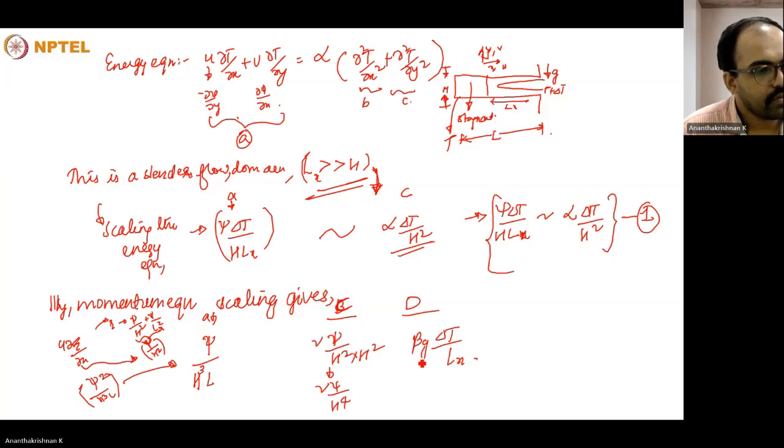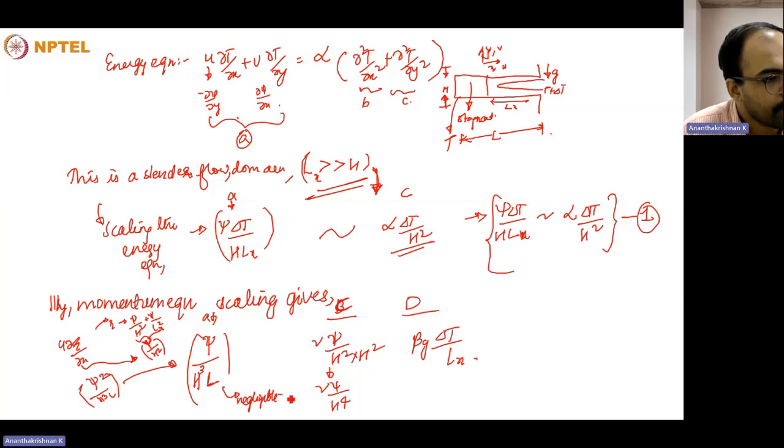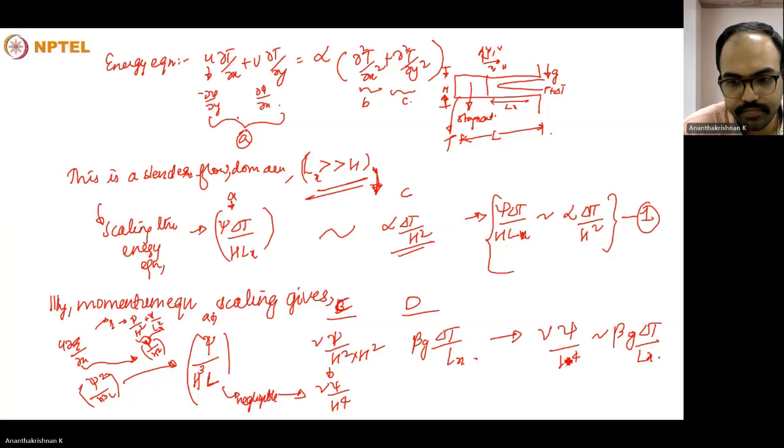So from these two, what we could see is that this is nu psi divided by h raised to 4, and this is L. Since L is very much greater than h, we could assume that this is negligible compared to this, and hence the scaling analysis will take the form nu psi divided by h raised to 4 is of the order of beta g delta T divided by Lx.